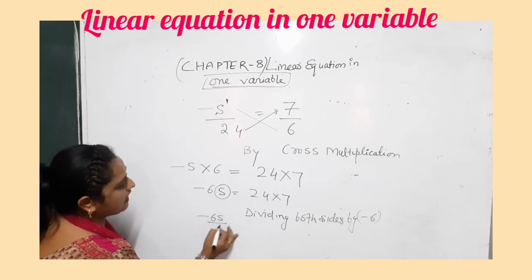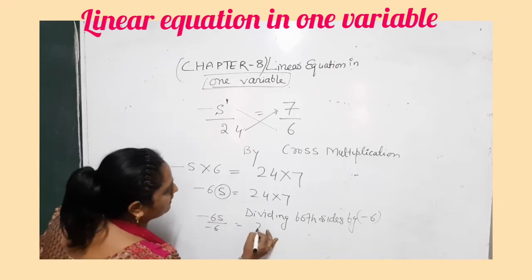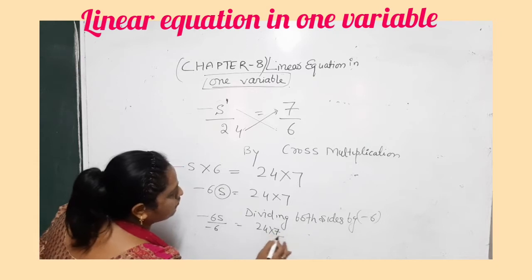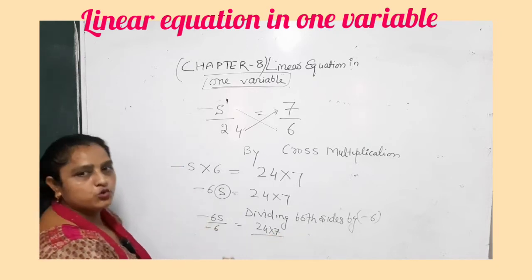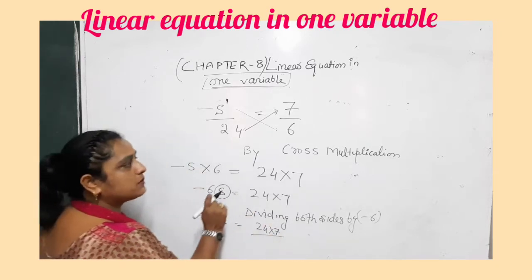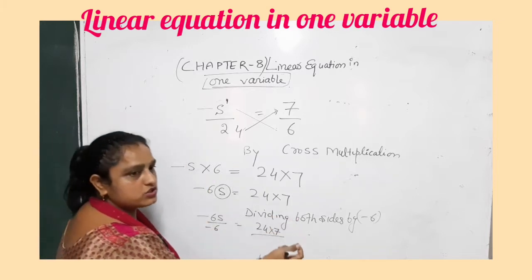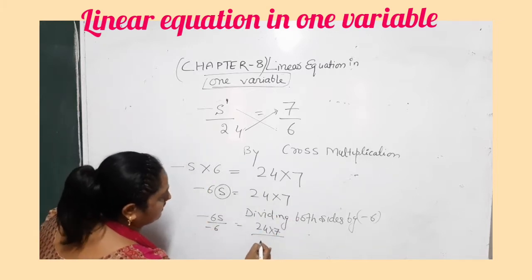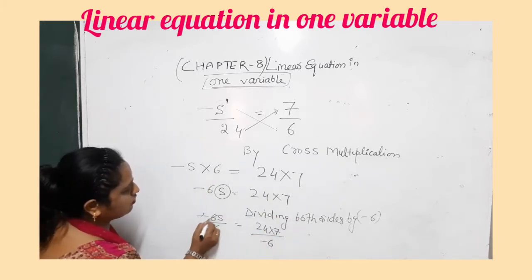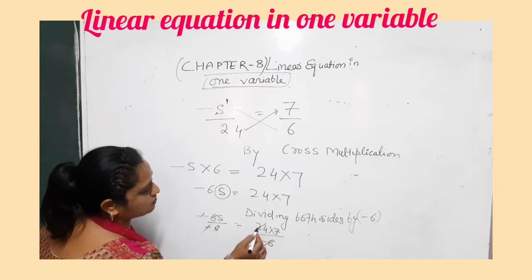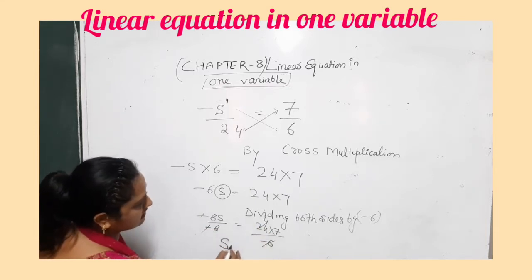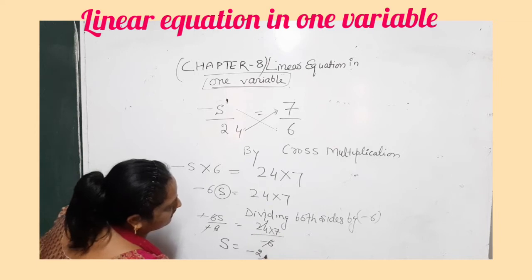If we add on one side, then we have to add on the other side also. If we subtract from the left, we also have to subtract from the right hand side. This cancels out. 6 ones are 6, 6 fours are 24. The answer is 7 fours are minus 28.